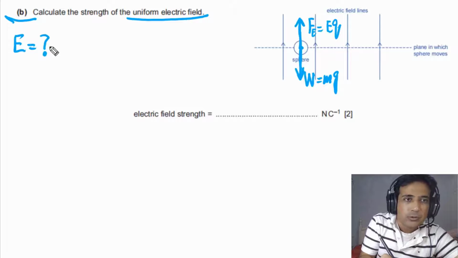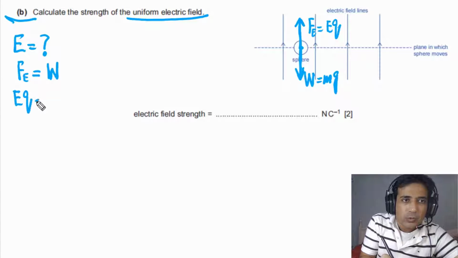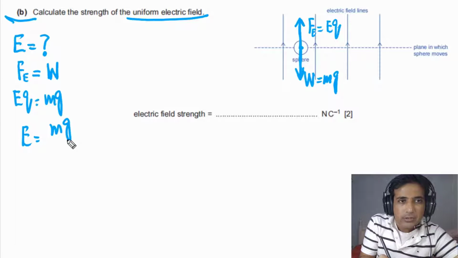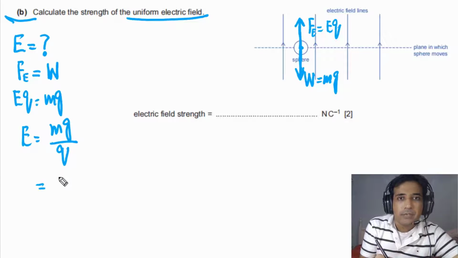Now simply we need to equate these 2 forces. We can say in this case the electrical force is equal to W, meaning the weight of this sphere, and the electrical force is equal to EQ, weight is equal to mg. We need to find out the value of E. So simply we can rearrange. E will be equal to mg divided by Q. The value of m is given.